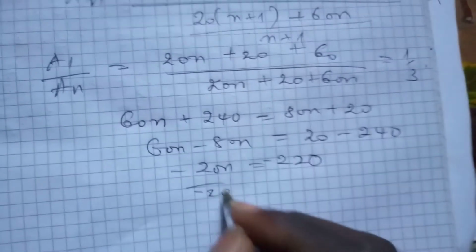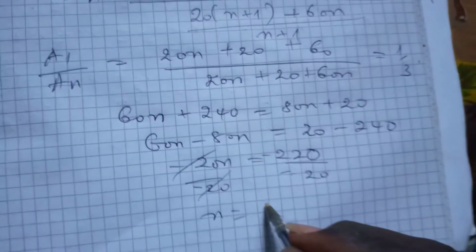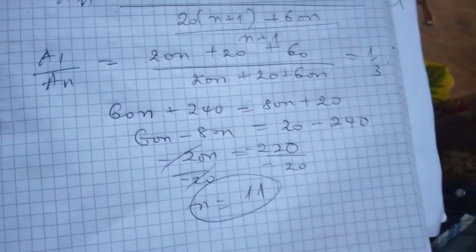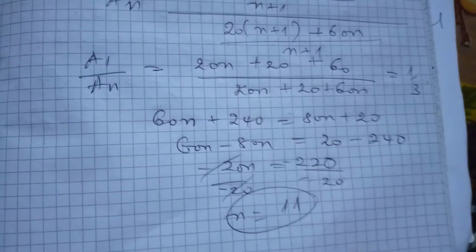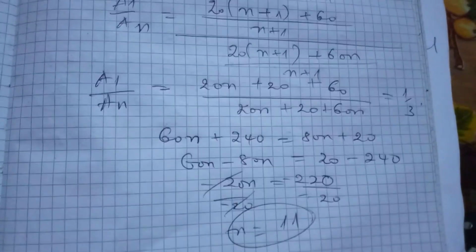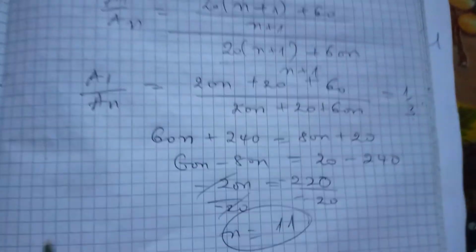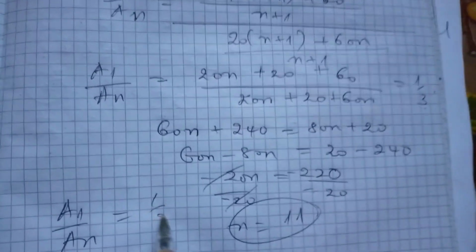Over minus 20, then over minus 20. This goes with this, N will be equal to 11. So this is the number N. So we are in a way of calculating the value of N and proving that 1 over 3 is equal to A1 over AN.